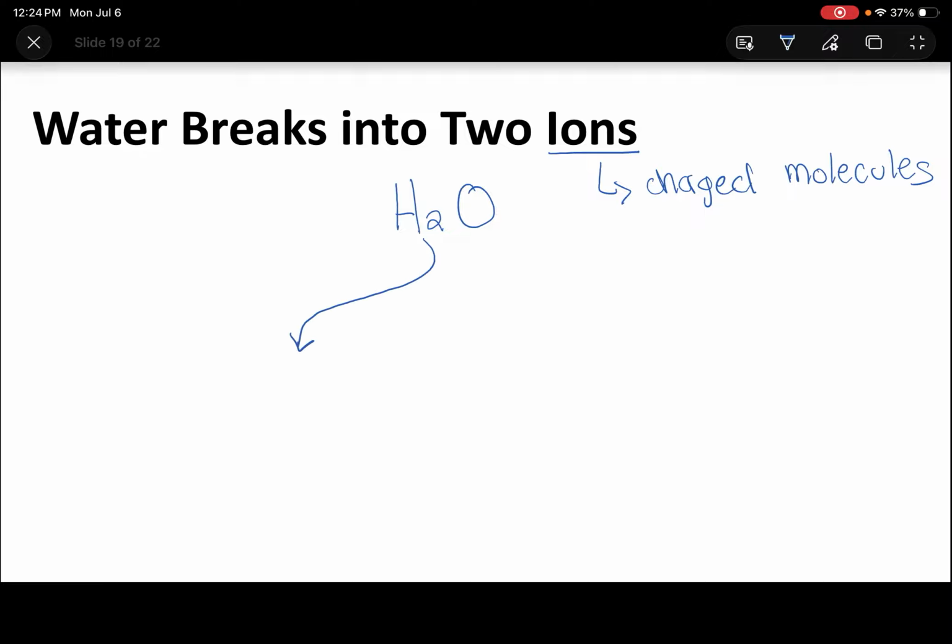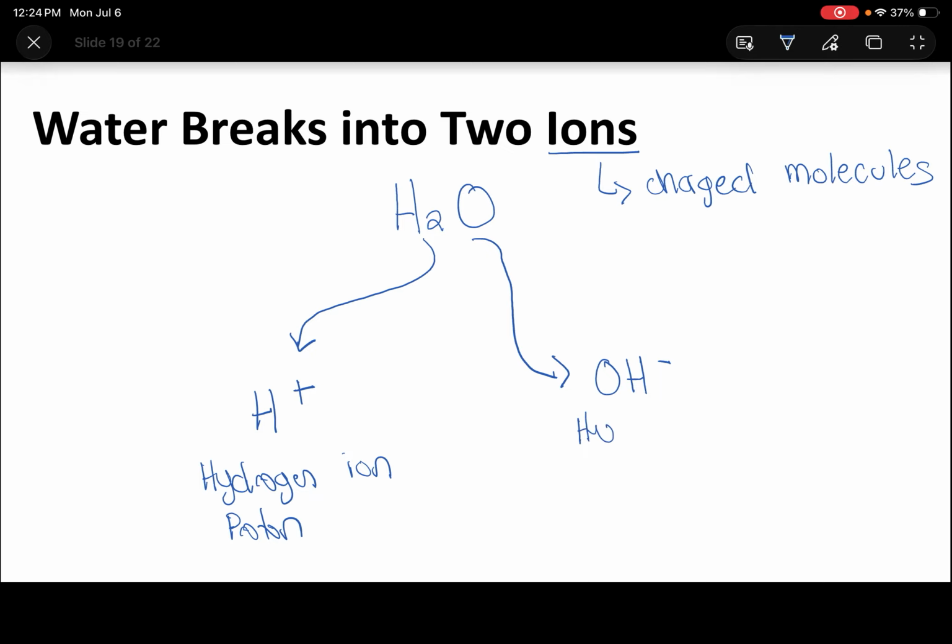It can split into a positively charged hydrogen ion, which we often just call a proton, and a negatively charged hydroxide ion. This just happens naturally.